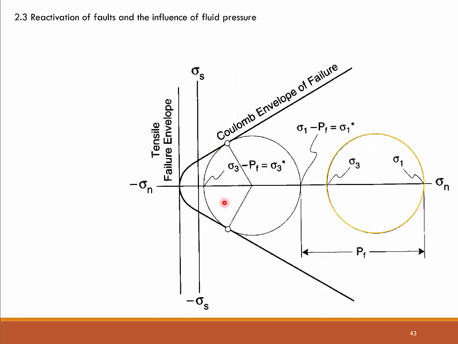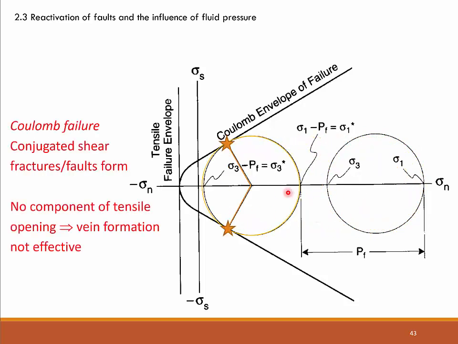Obviously, we try the same exercise with larger differential stresses, again starting with stable stress conditions that are not likely to produce any kind of fracturing under dry conditions, but with the generation of fluids and increasing fluid pressure, our effective Mohr circle will move to the left and will eventually intersect with the failure criterion, but now this is the Coulomb failure envelope.